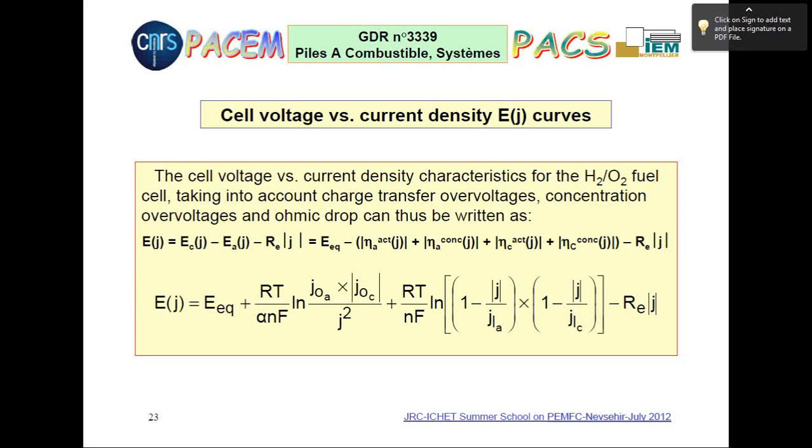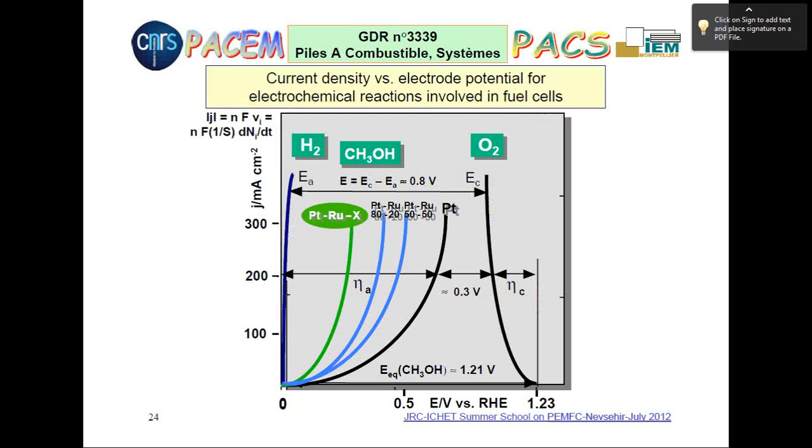Okay, I don't see anymore. Now we go to the application of this relationship. That's an experimental graph giving the current density versus the electrode potential. We took the absolute value to have on the same graph the oxidation of the fuel, hydrogen or methanol, and the reduction of oxygen.